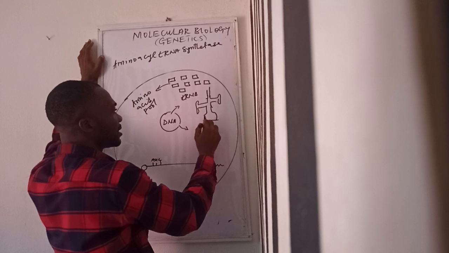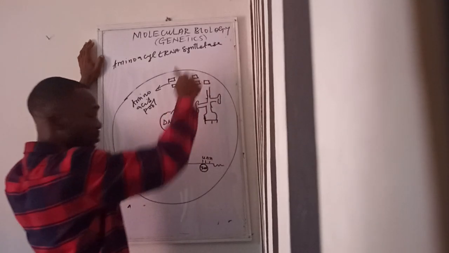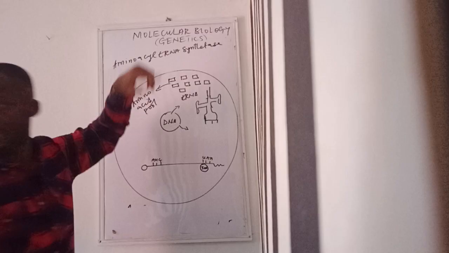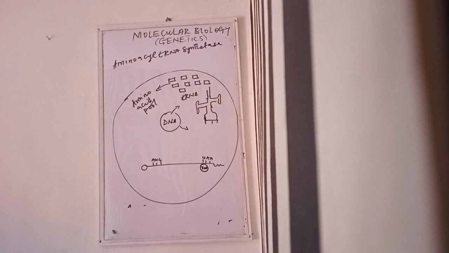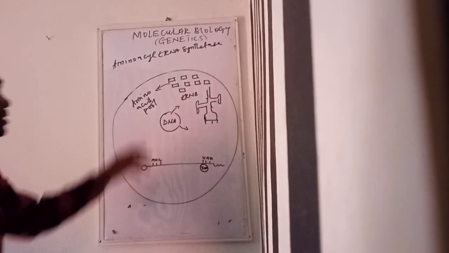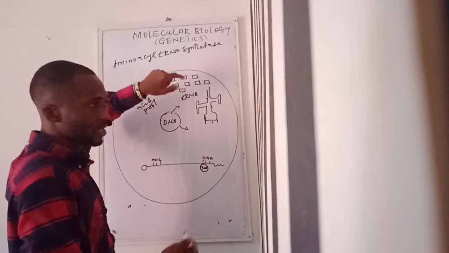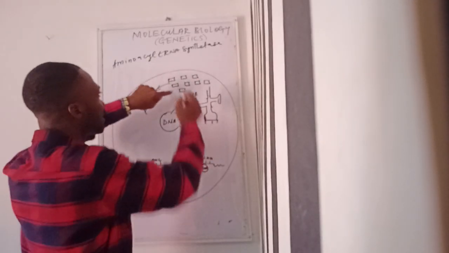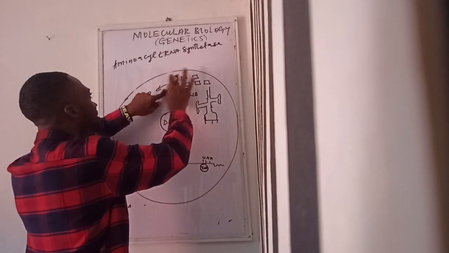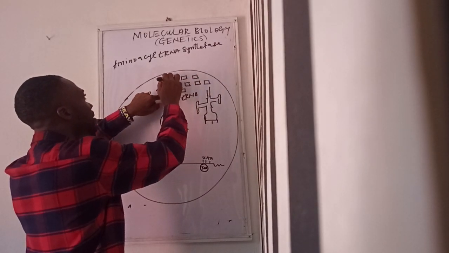Once this transfer RNA gets to the amino acid pool, this enzyme, amino acid transfer RNA synthetase, I hope that name is correct, will link the amino acid. Let's assume this is the amino acid methionine.